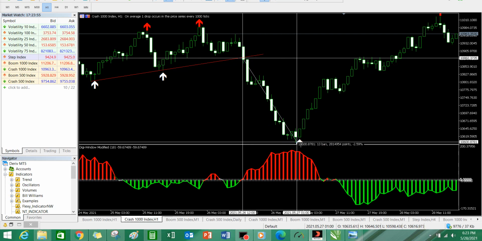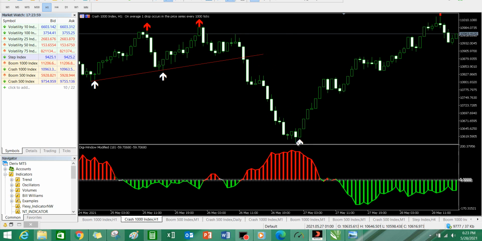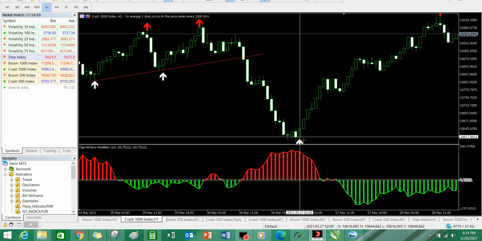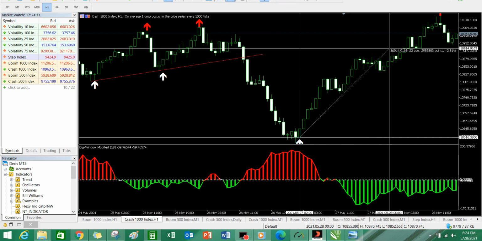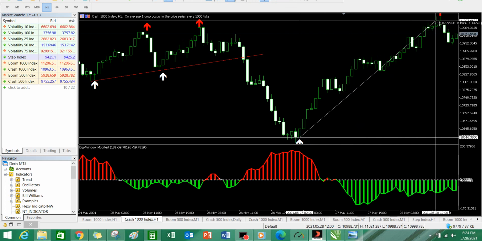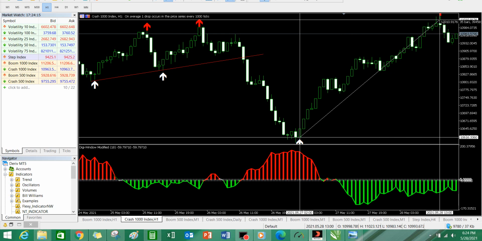Okay, that is what happened here, and it led to this. Isn't that amazing? But it got to this support level. After getting to this support level, definitely you should experience a pullback at that level, and of course it led to a major reversal in price action, and of course it has gotten to this resistance level again.